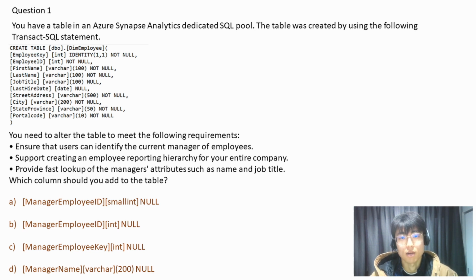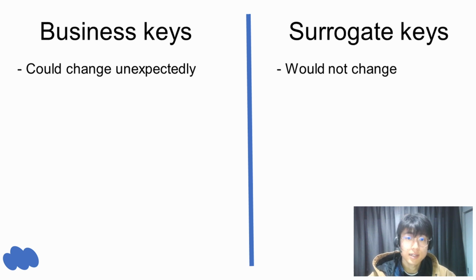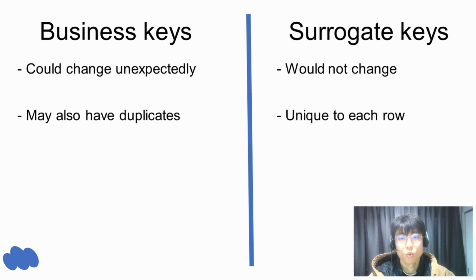The important thing to consider is business keys versus surrogate keys. Going over them quickly, business keys are something that could change unexpectedly, and might have duplicates as well, whereas surrogate keys are unique numbers assigned to each row. We use the surrogate key for the dimension tables.